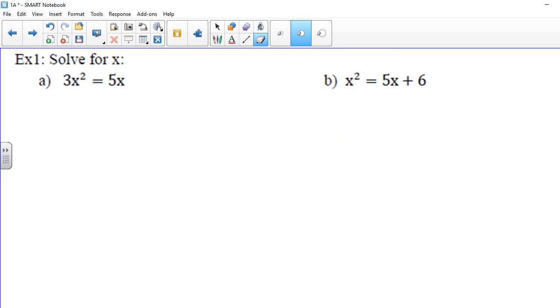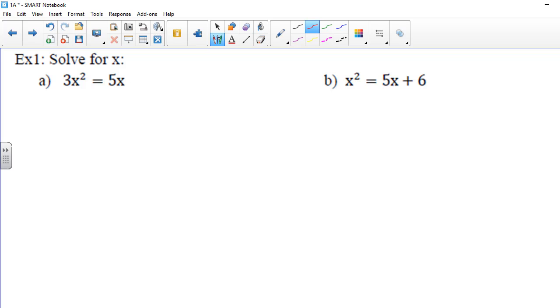So right now, let's look at some examples. The first example is solve for x in both of these two equations. Let's look at the steps again. Step 1. We need to rearrange the equation to ax squared plus bx plus c equals 0. This equation doesn't look like the form in step 1.